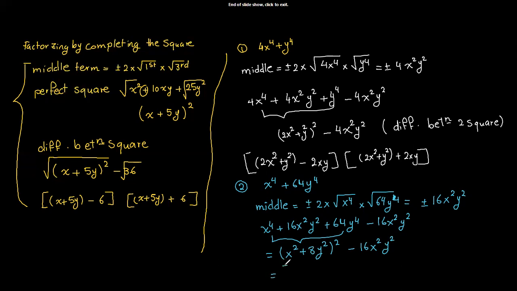So the difference between two squares: x to the power 2 plus 8y to the power 2, x to the power 2 plus 8y to the power 2, and 4xy. By taking our square root, the difference will be a different sign. So this is the second example.